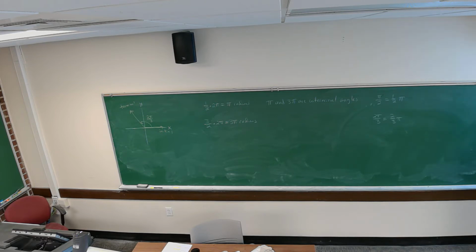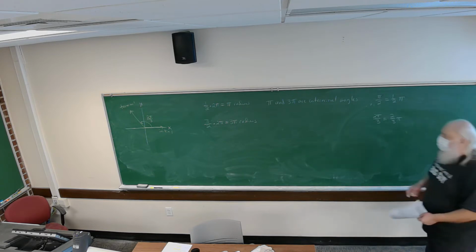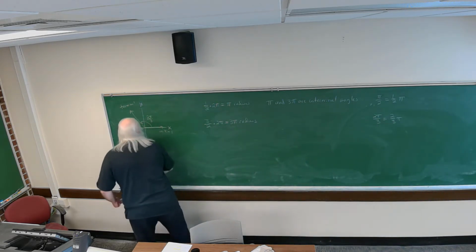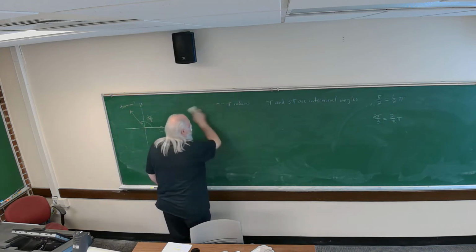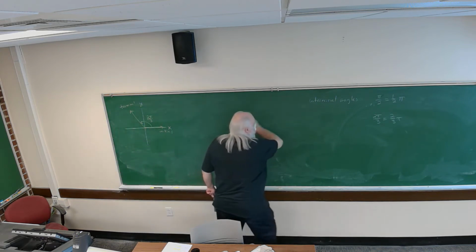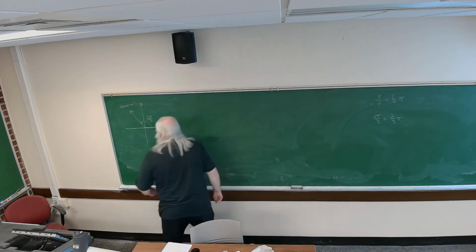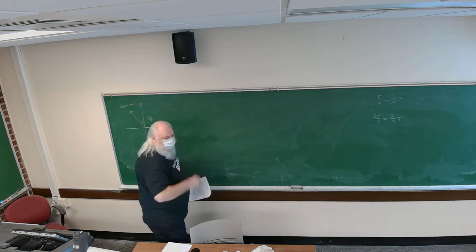So with radians, any 2 coterminal angles measured in radians differ by an integer multiple of 2 pi. One way of getting a coterminal angle with 2 pi over 3 is to add 2 pi to it. That's one full trip around a circle.